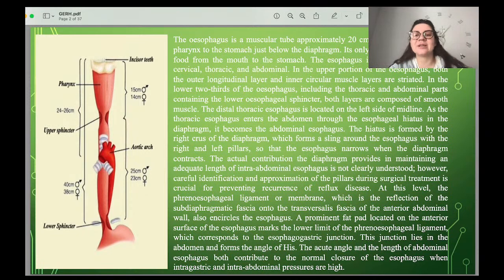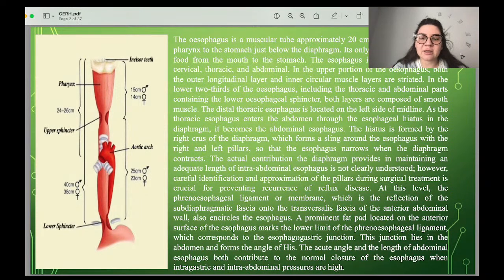A prominent fat pad located on the anterior surface of the esophagus marks the lower limit of the phrenoesophageal ligament, which corresponds to the esophagogastric junction. This junction lies in the abdomen and forms the angle of His. There has to be some angle.